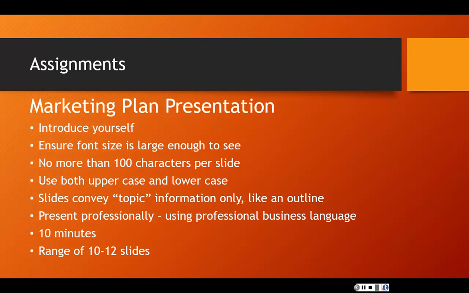Okay, so the major assignment this week is a presentation about your marketing plan. And this order of assignments always confuses students in this class, and I always get several questions about it. So yes, you probably haven't finished your written marketing plan yet, but you're doing the presentation first in week 8, and then the written plan in week 9.